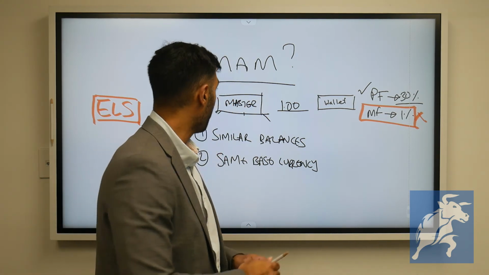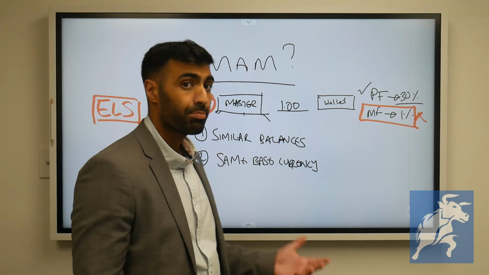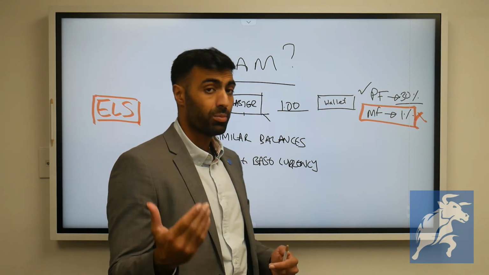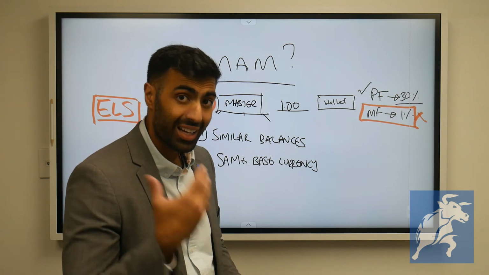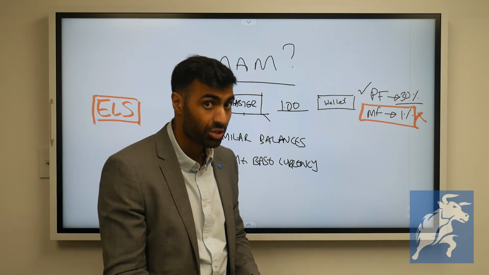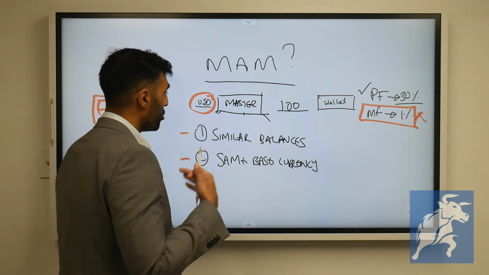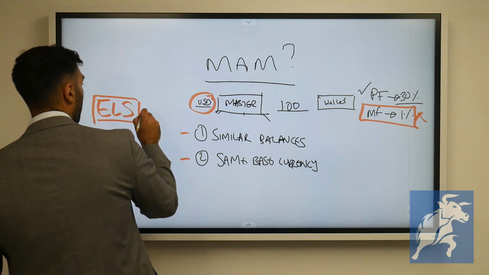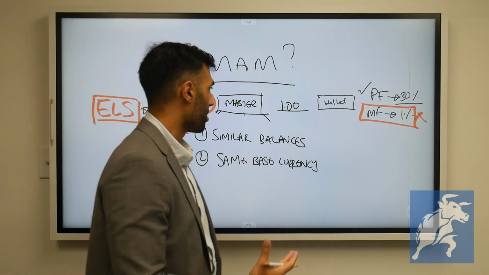So, for example, if your US dollar strengthens on the day by 5% and their base currency is in Australian dollar, their performance will be 5% less of your total performance on that day due to that daily settlement of the FX rate. So, those two things to keep in mind when you do set up a MAM account, and the reason is because of this ELS, Equity Lot Allocation module.